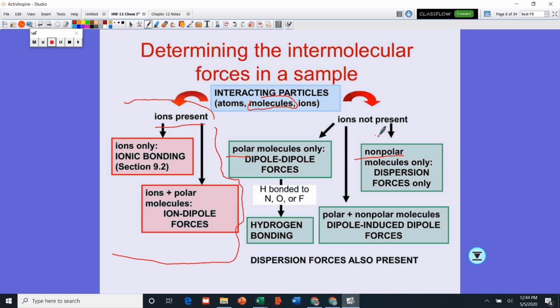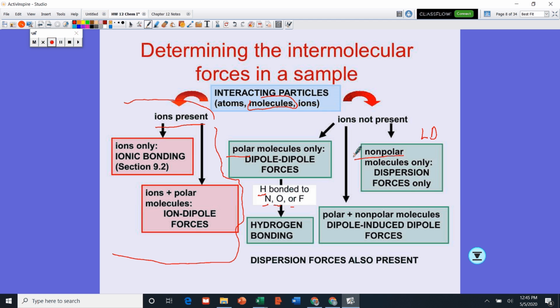If it is nonpolar, molecules will only have dispersion forces, which we call London dispersion, or LDs. All right. If it happens to be a polar molecule, we can have dipole-dipole forces, and then under there, if hydrogen is bonded to nitrogen, oxygen, or fluorine, then we can have hydrogen bonding as well.